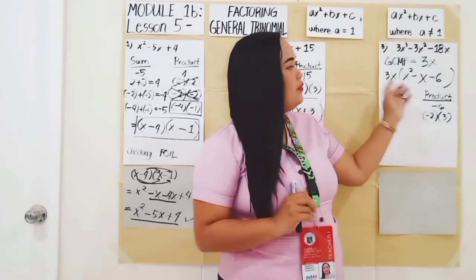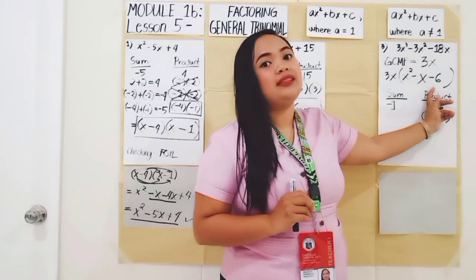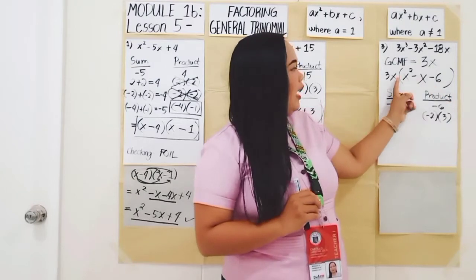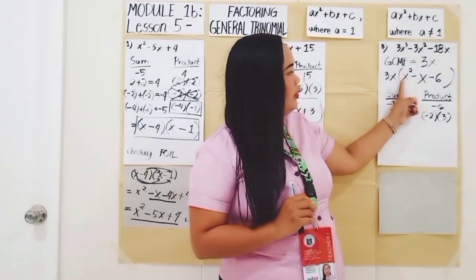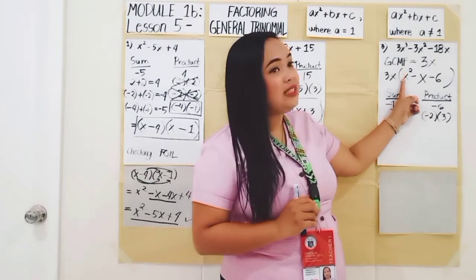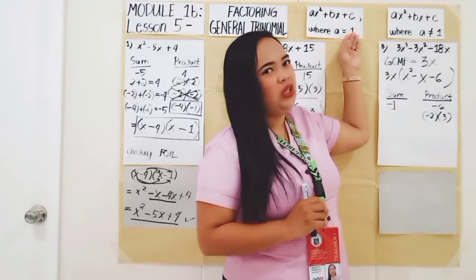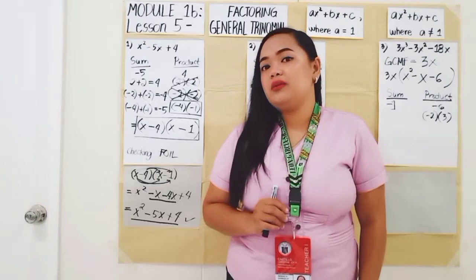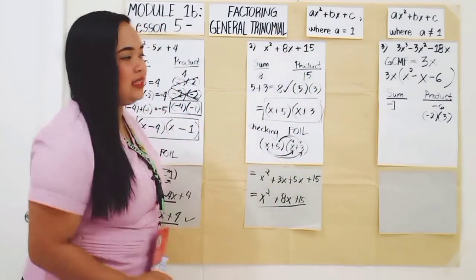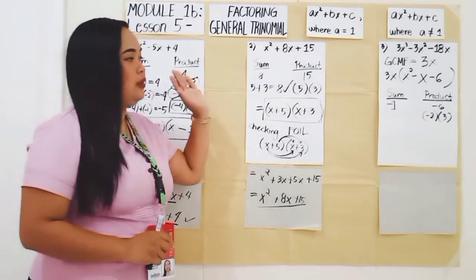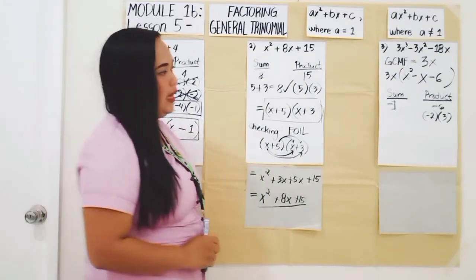So, observe that this is a general trinomial, where a here, the numerical coefficient of x squared, is equal to 1. So, meaning to say, we will follow the process that we did in problem number 1 and problem number 2. Okay?